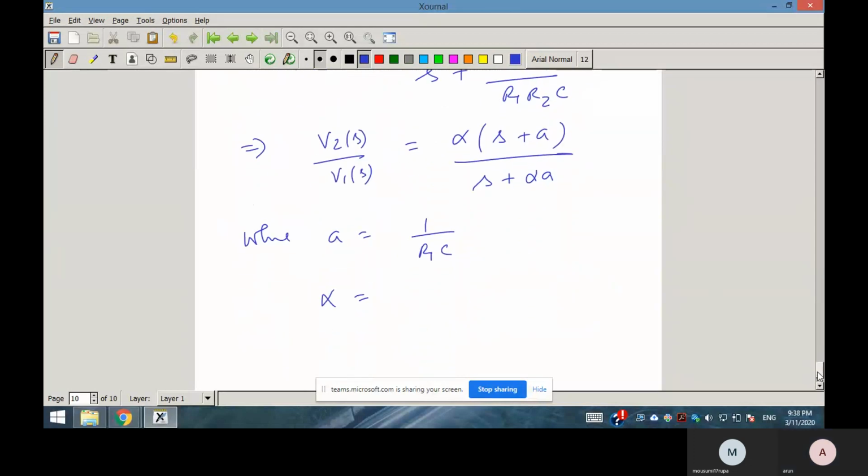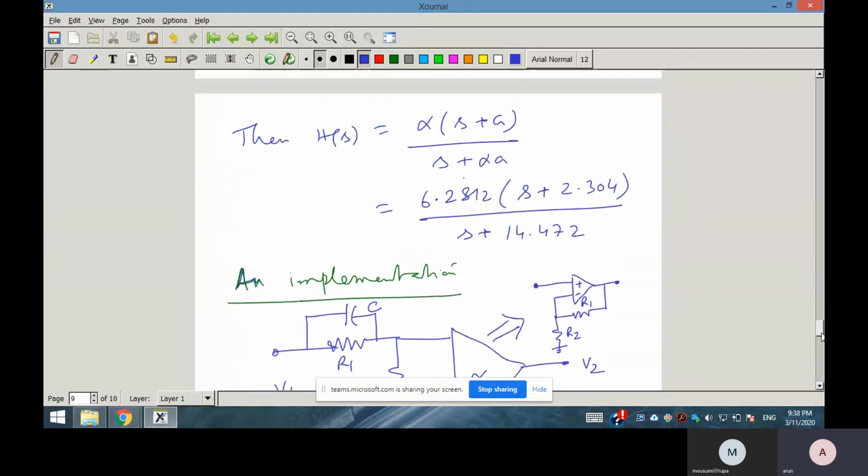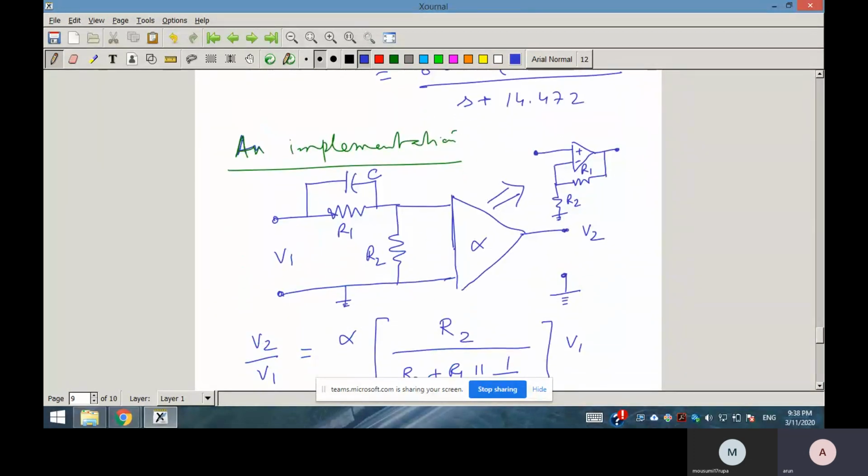If we divide, R1C will cancel. So alpha should be less than 20, as I said, because it is a differential amplifier. A high gain amplifier will cause realization problems as well as noise susceptibility problems.